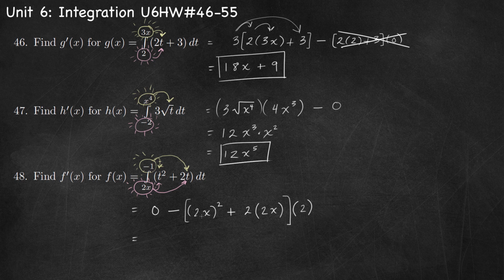So simplifying here, inside my parentheses, I have 4x squared plus 4x, and all of that needs to be multiplied by negative 1 and by 2. So in other words, multiplied by negative 2, giving me negative 8x squared minus 8x.